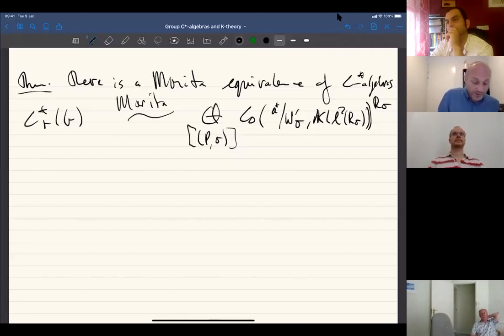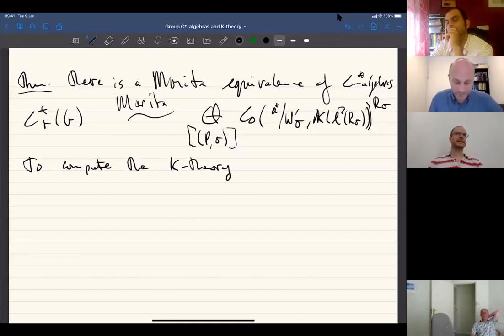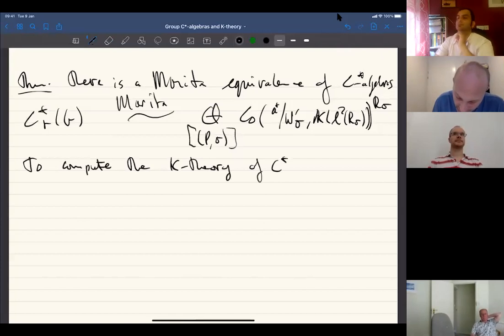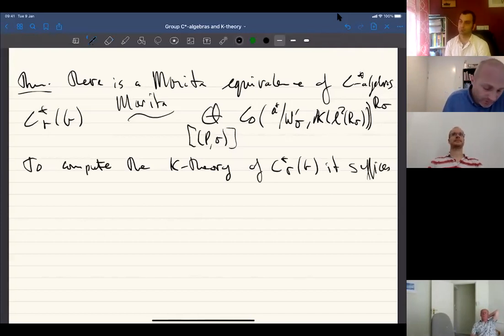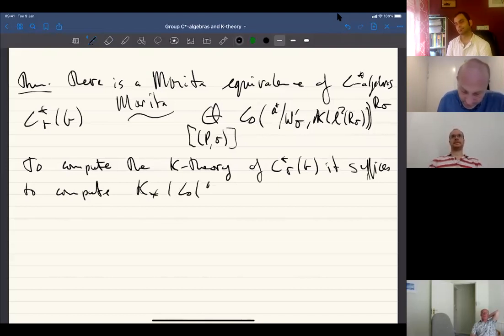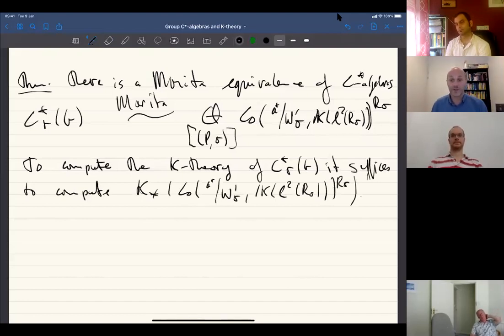Okay, and now to compute the K-theory of C star G, it suffices to compute the K-theory of the components here, and then use the direct sum result.